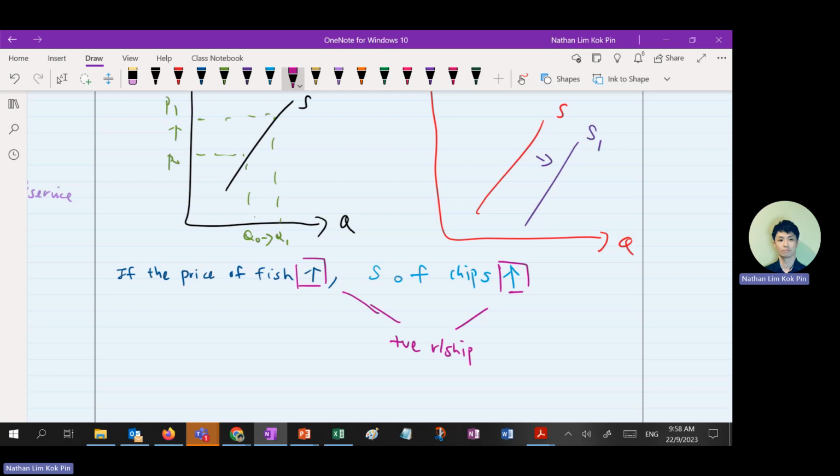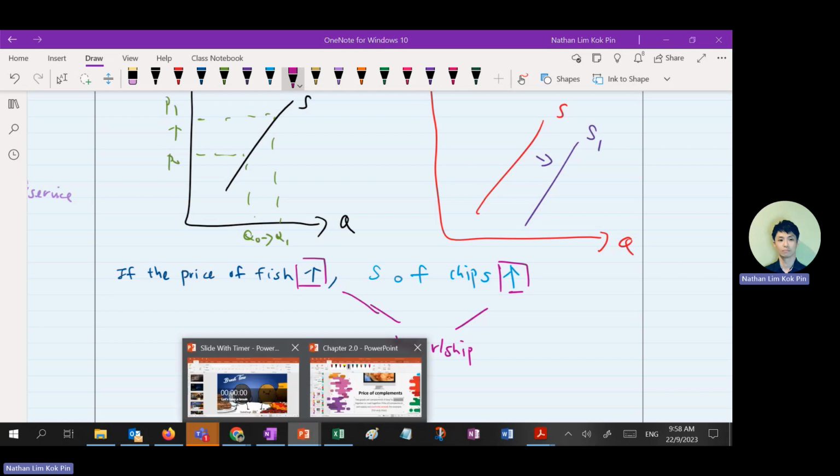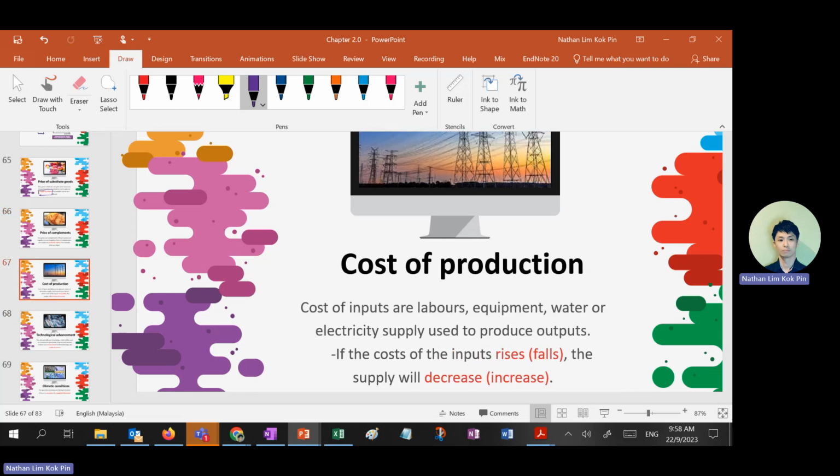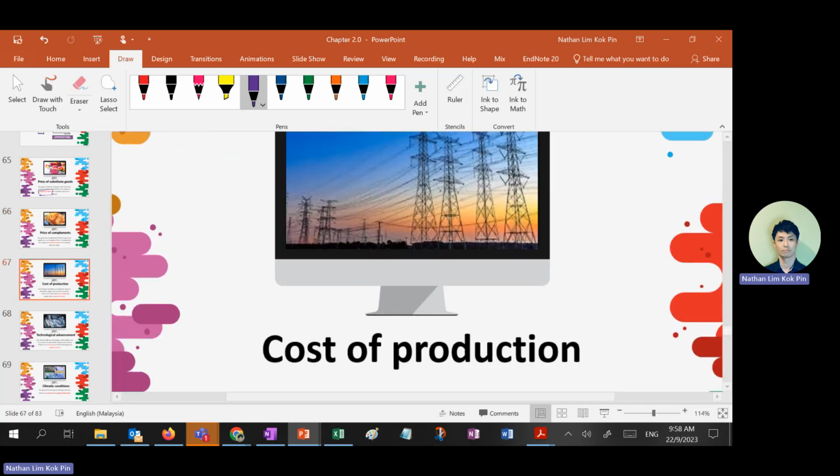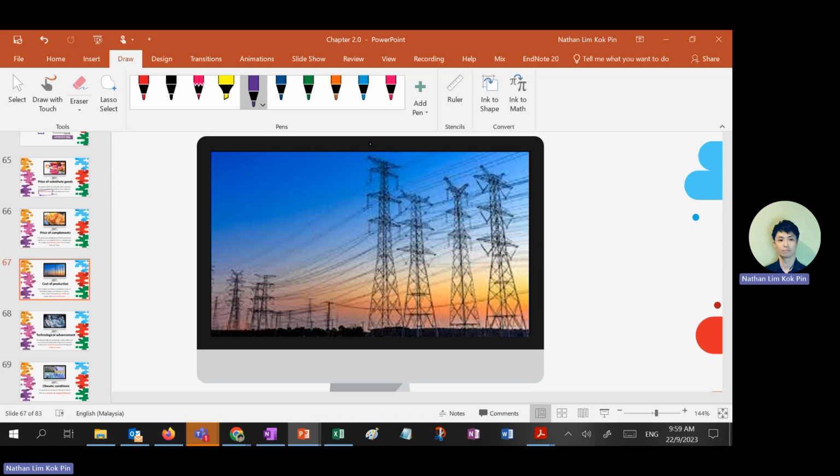Let me continue. Most of it is done, right? Next one is cost of production. Like what I said, cost of production is different from price of complements. Take note. Make sense or doesn't make sense?